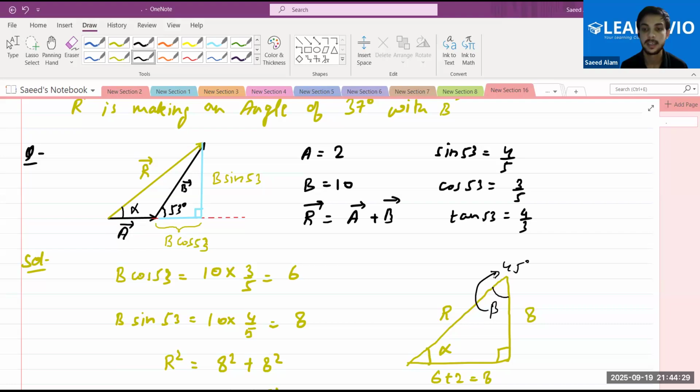Is this the angle made with the B? Don't you think the angle made with the B is this one? And you are telling me the answer for this. This is beta. What is this angle? This small angle. This is the angle with the B. Yes or no? Yes. So what should be this small angle?